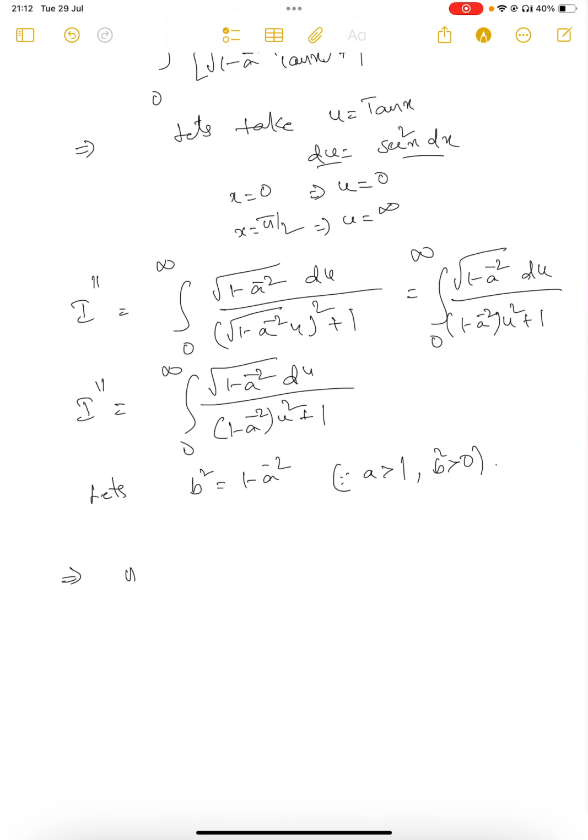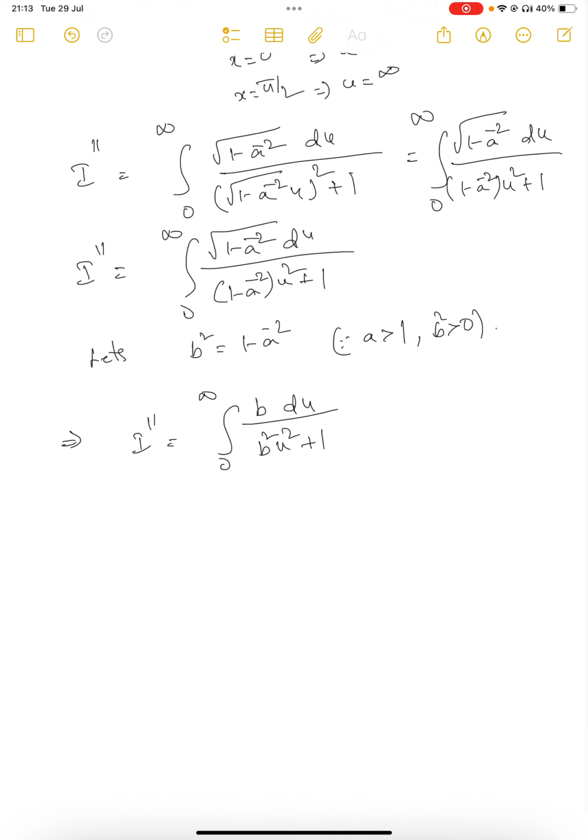Then I double prime equal to, you can see the limits won't change. Let's make substitution here first, right? Let's write it down here, 0 to infinity, b du by 1 minus a square b square u square plus 1, right?